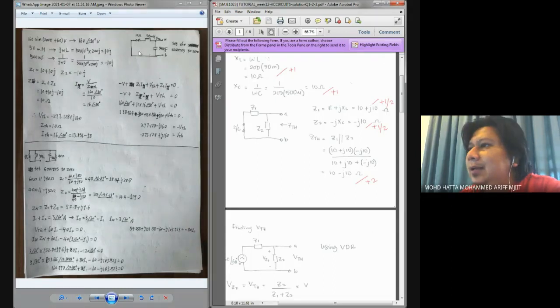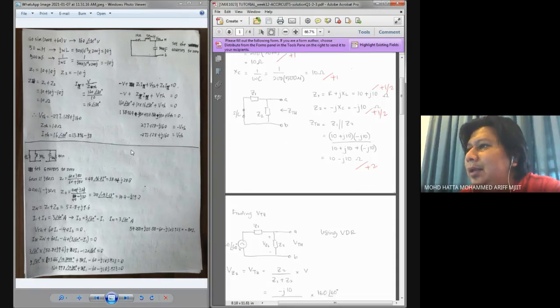This also will give Wang another mark, although the ZTH is wrong, because we just put a series connected impedance over here. And as I said earlier, this calculation is wrong, because I don't see any circuit involving voltage over here.